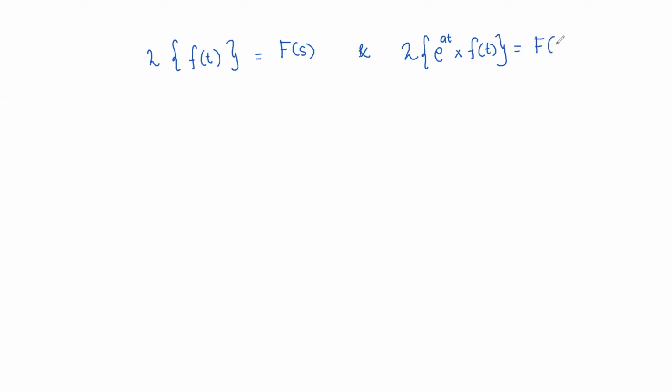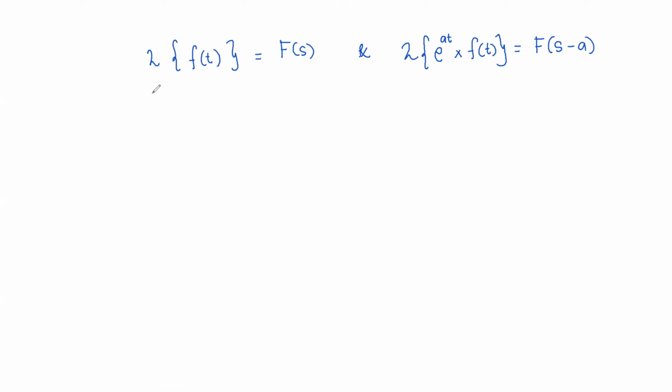If we have Laplace of f(t) equal to F(s), then by using the first shifting theorem, Laplace of f(t) multiplied with another kernel e to the power of at gives F shifted by s minus a.